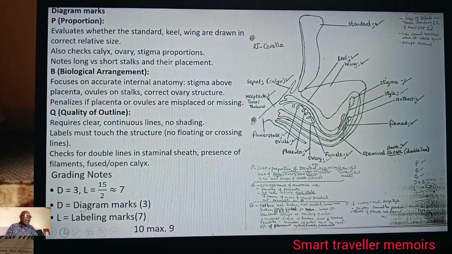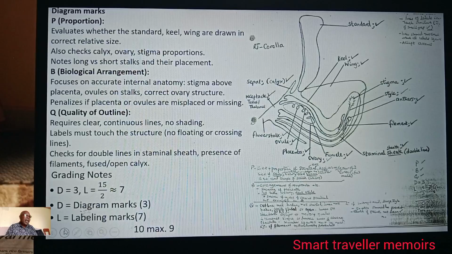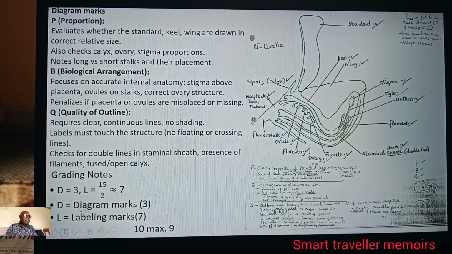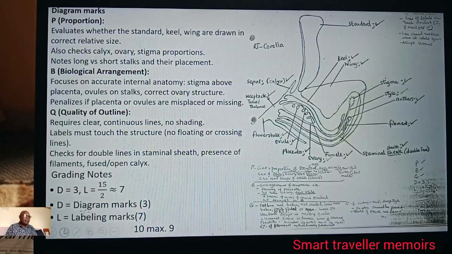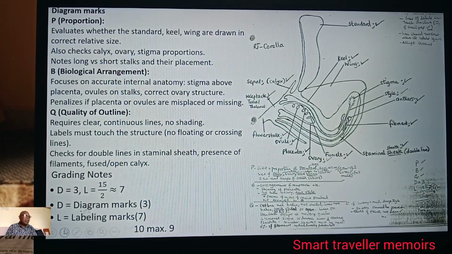That is the second mark. And the third mark of the drawing is quality of outline. So you require clear continuous lines, no shading. Labels must touch the structure, no floating or crossing lines.